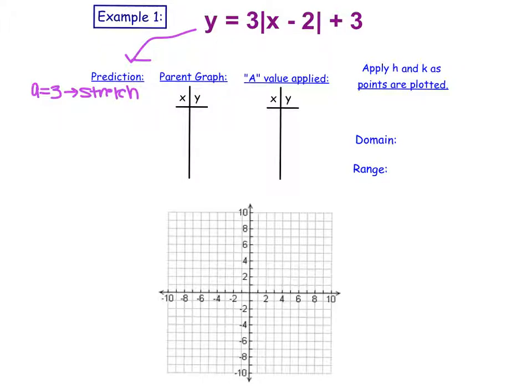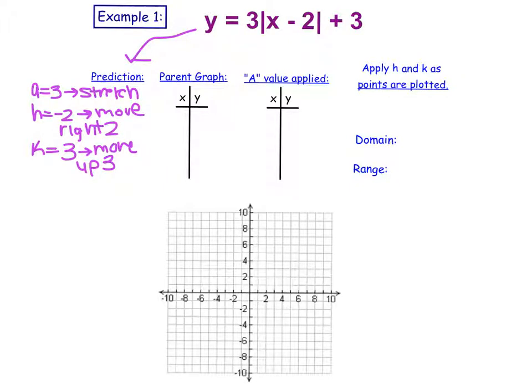I see that H is equal to -2, so what I know that means is that my graph is going to move in the positive direction, so it's going to move right 2 units when compared to the parent graph. And then I can see that K is equal to a +3, so the graph is going to move up 3 units. That's what I expect to see.